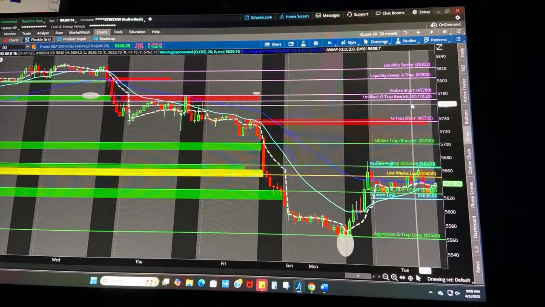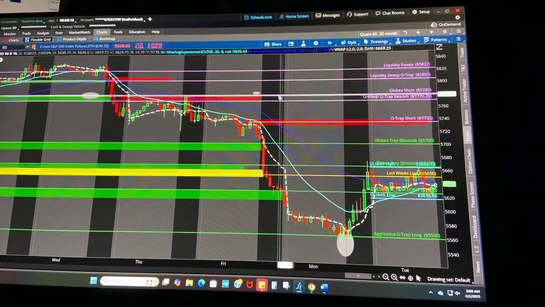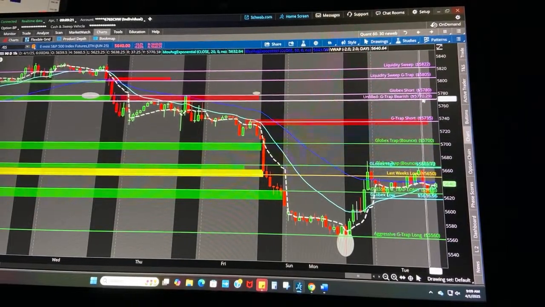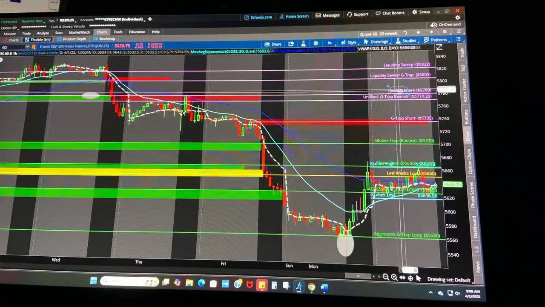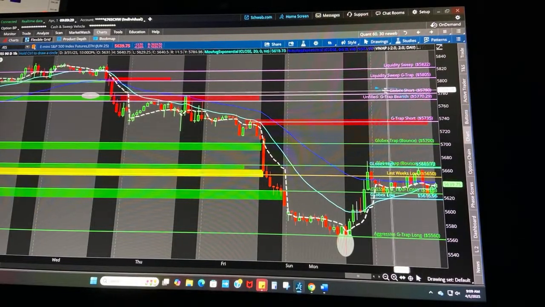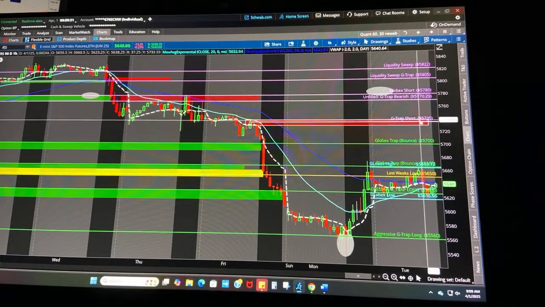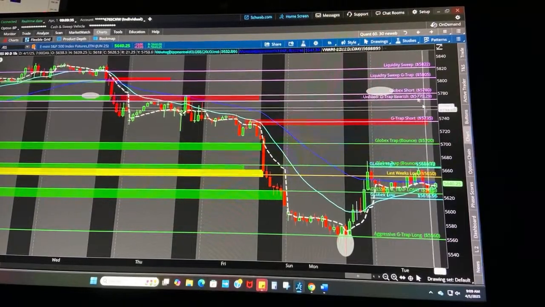I also still have mapped out that 5770 and the 5780, the 70s and 80s with the 57 in front, on S&P futures, and that's also on the radar potentially today in the event that we rally up here. This could be an area where, if you're long, take some profit, and then it could potentially be a Globex trap short.